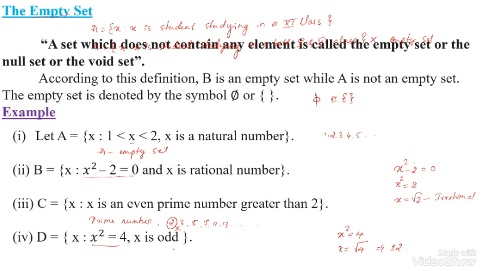Now let us move on to the next concept, finite and infinite sets. What do we mean by finite and infinite? Finite means countable, or it has a definite number of elements.